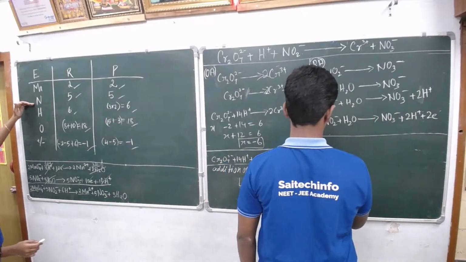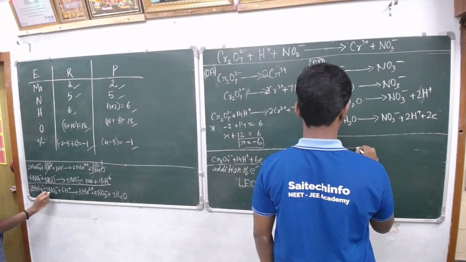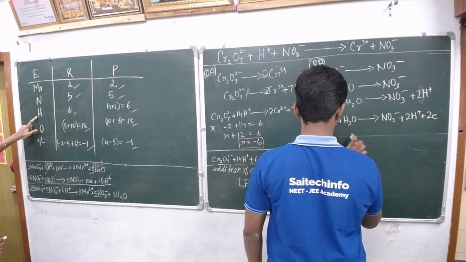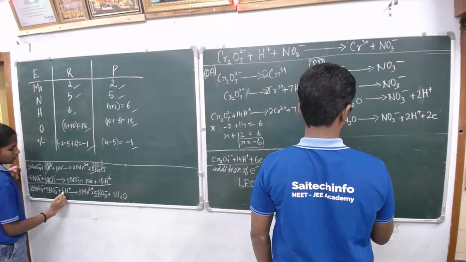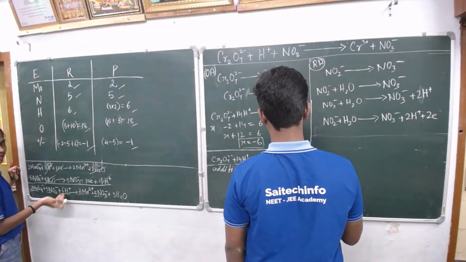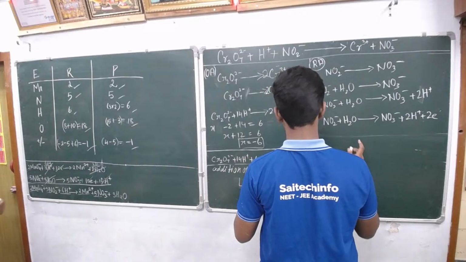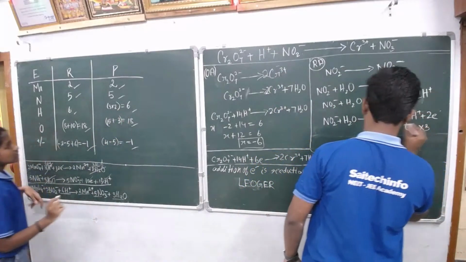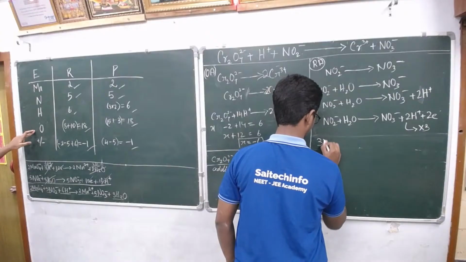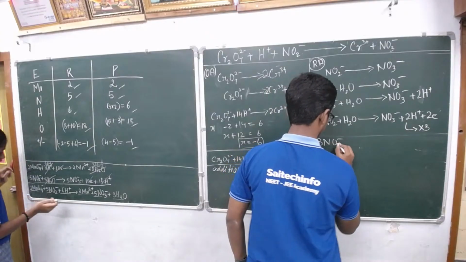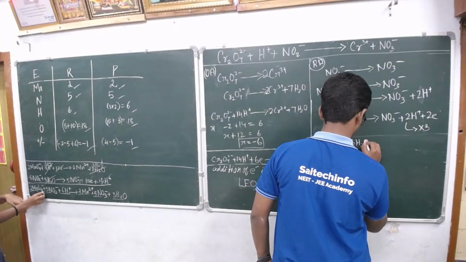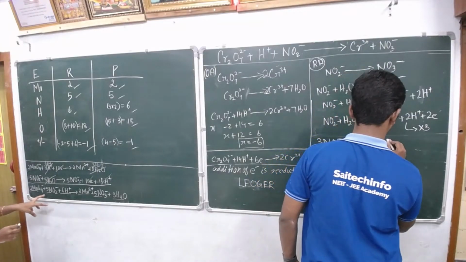Next is nitrogen. We have 5 nitrogen in the reactant side and 5 nitrogen in the product side. Then hydrogen: we have 6 H plus, and this side also we have 6. Then in oxygen, we have 4 2s are 8 plus 10.